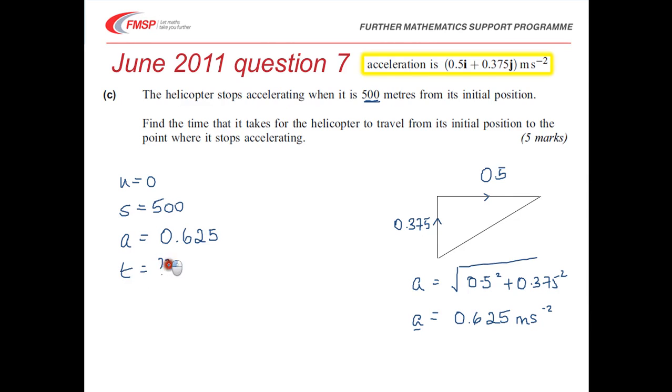We're just using s equals ut plus a half at squared, but we're not working with vectors anymore, we are now working with scalar quantities. So s is 500, u is equal to 0, and so we have a half times 0.625 times t squared. If you simplify that out, that will give you an answer of 40 seconds.